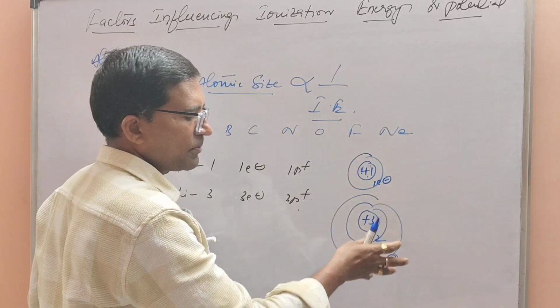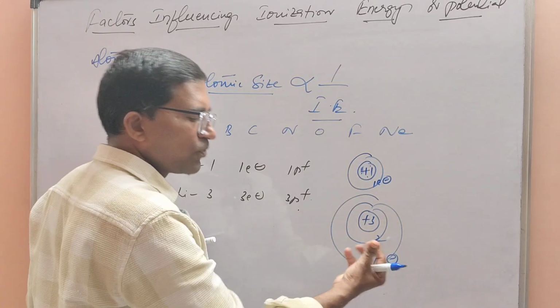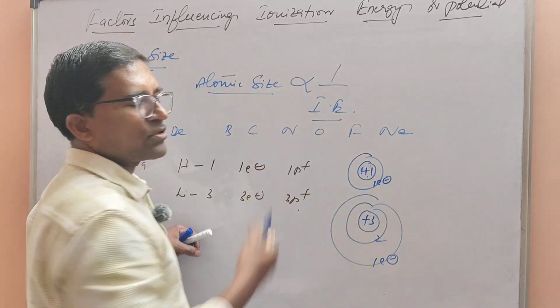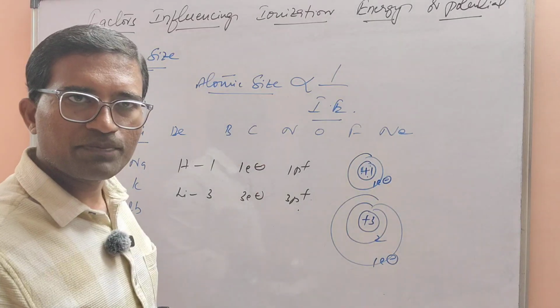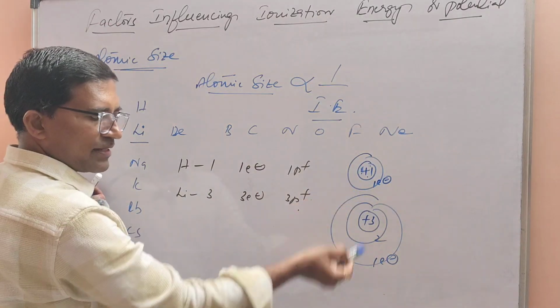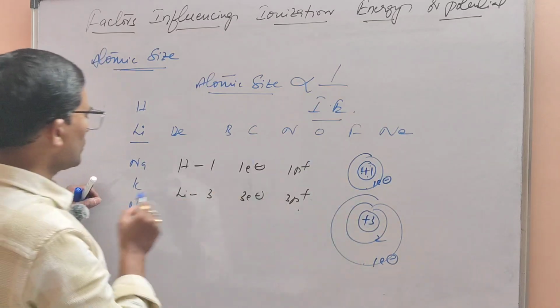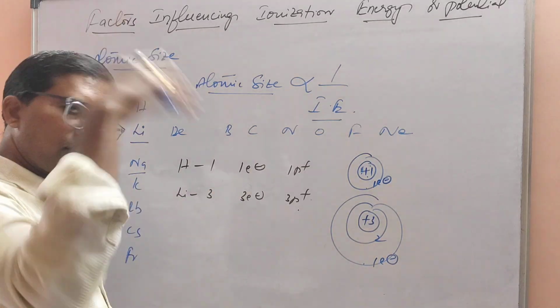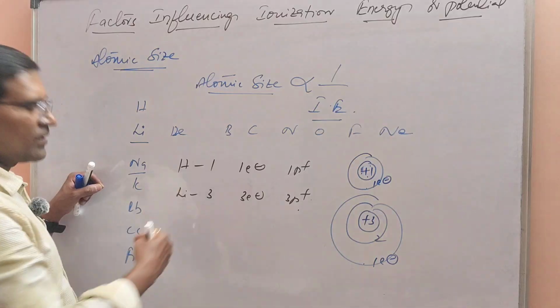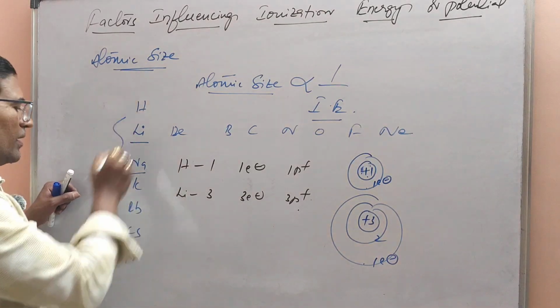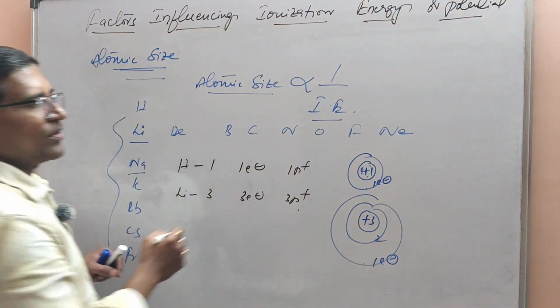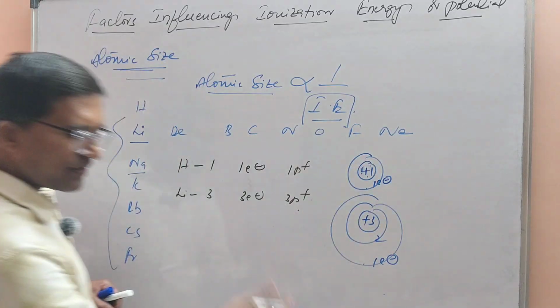The electron present in the last shell of lithium can be removed very easily compared with the electron present in the first shell of hydrogen. So as atomic radius, atomic size is more, and if you go to sodium, the last electron comes under the third shell. So the size further increases. So as atomic size is increasing, ionization energy is decreasing.